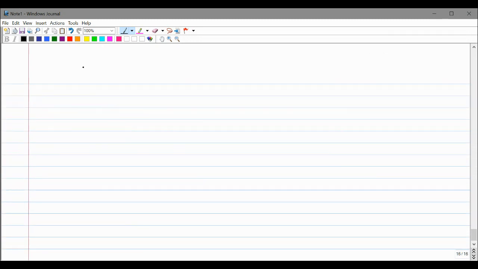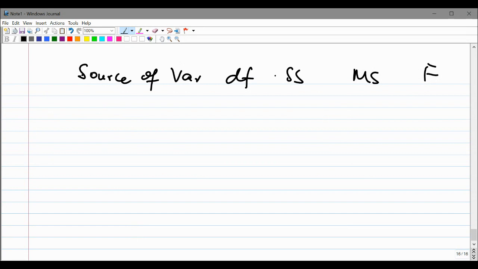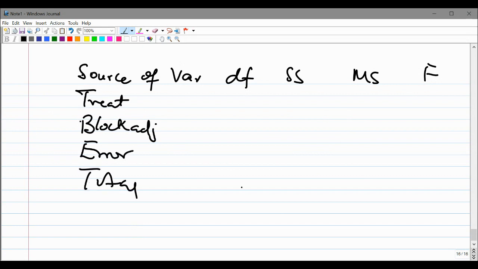So now we say: source of variation, degrees of freedom, sum of squares, MS, and F. We have the treatment here. We have block adjusted, we have the error, and we have the total.